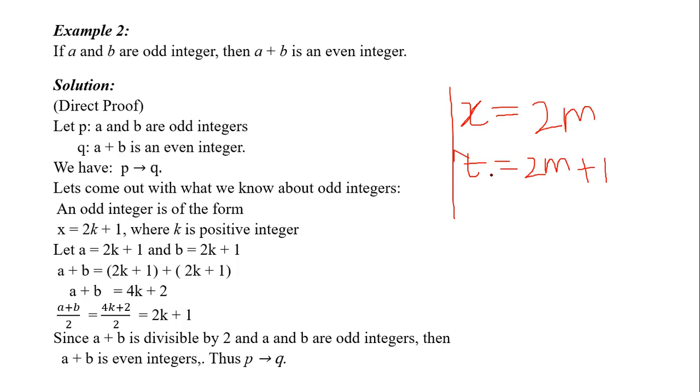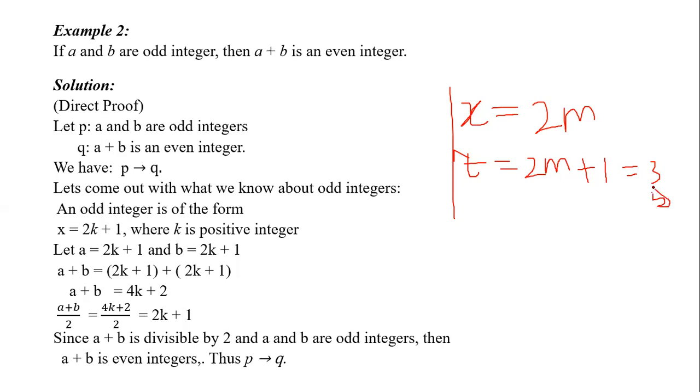So assuming m is 1, we have 2 times 1, which is 2, plus 1, which is 3, which is odd. If m is 2, 2 times 2 is 4, 4 plus 1 is 5. It is also odd.